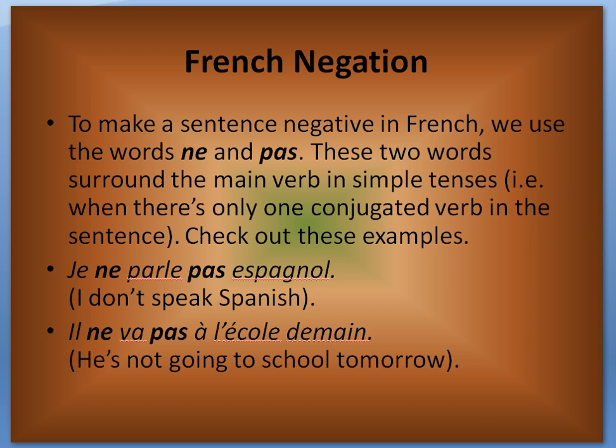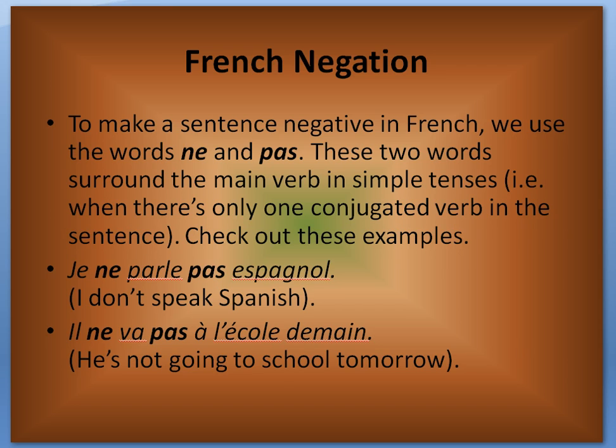So as you can see, the two negative words ne and pas surround the conjugated verb. Ne comes before the conjugated verb, and pas comes after it. So, je ne parle pas espagnol.